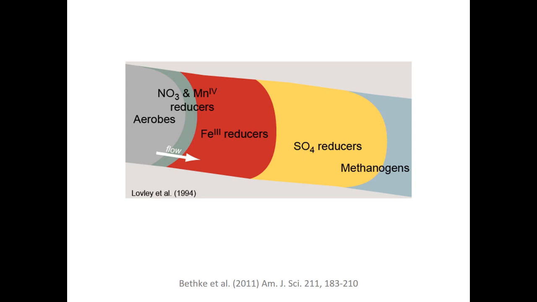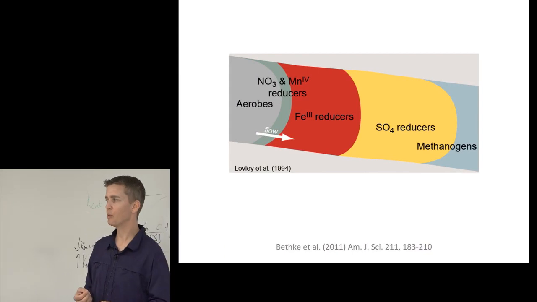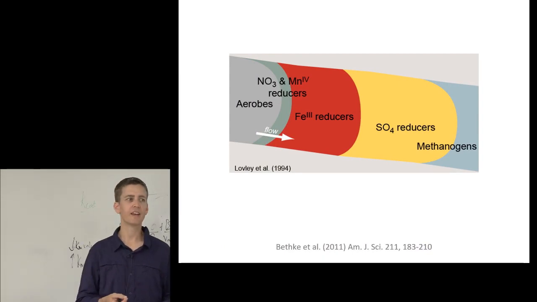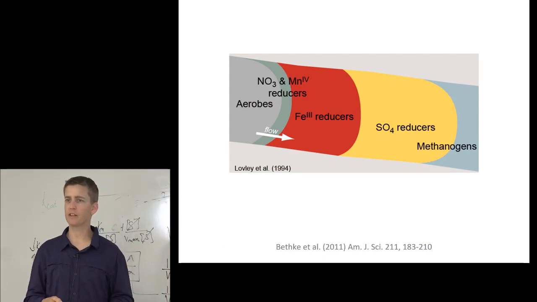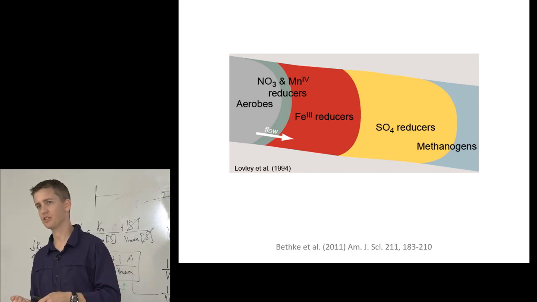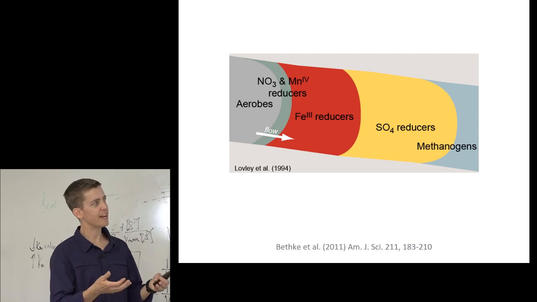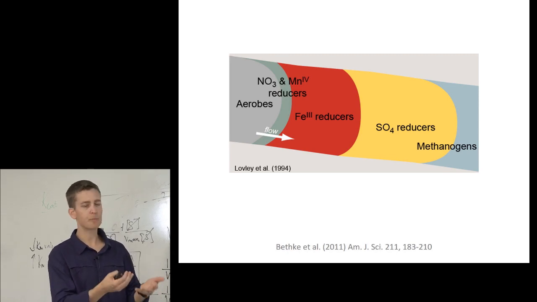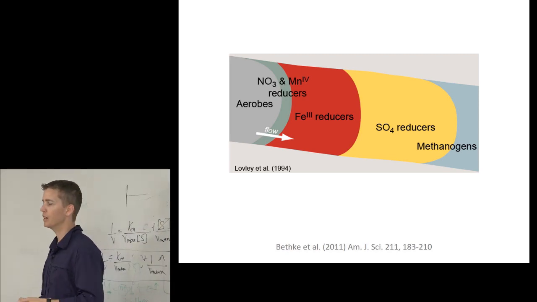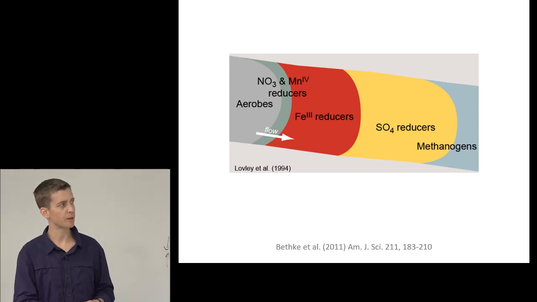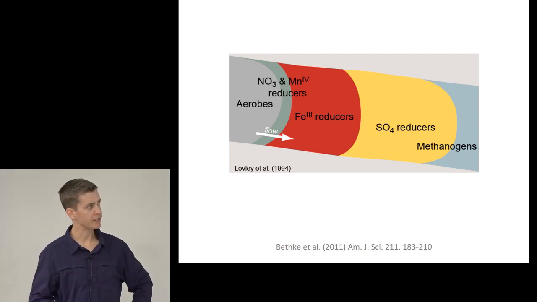So the reason seems to be that iron reduction is a slippery rung on the thermodynamic ladder. It isn't always a really great thing for microbes to use. Sometimes it's really nice, sometimes it's not so nice. So that causes it to overlap to varying degrees in terms of its use as an electron acceptor with these other microbial reactions.